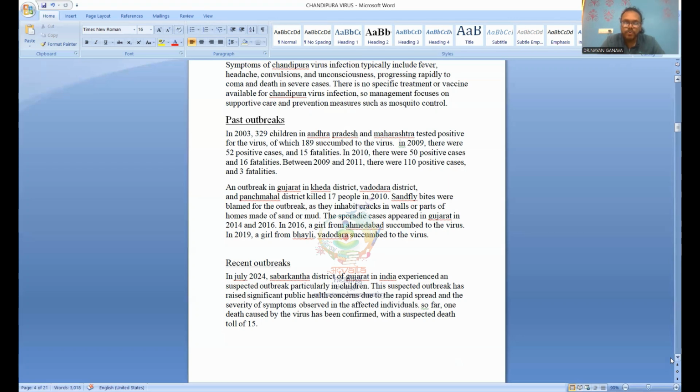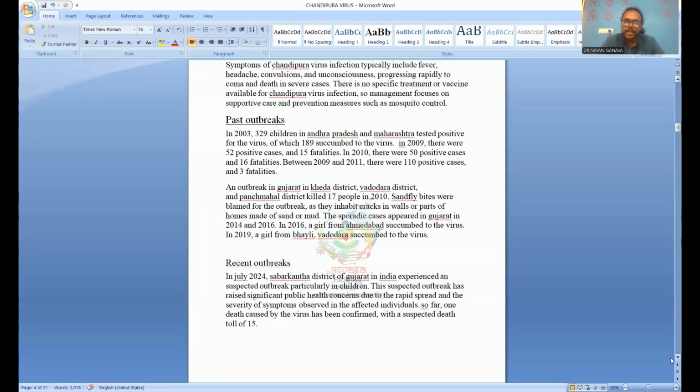Sandfly bites were blamed for the outbreak, as they inhabit the cracks of walls or parts of homes made of sand or mud. Sporadic cases appeared in Gujarat in 2014 and 2016. A girl from Ahmedabad succumbed to the virus.